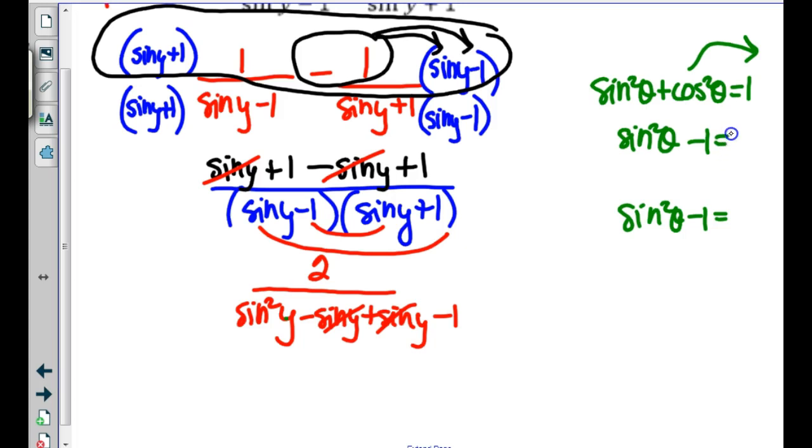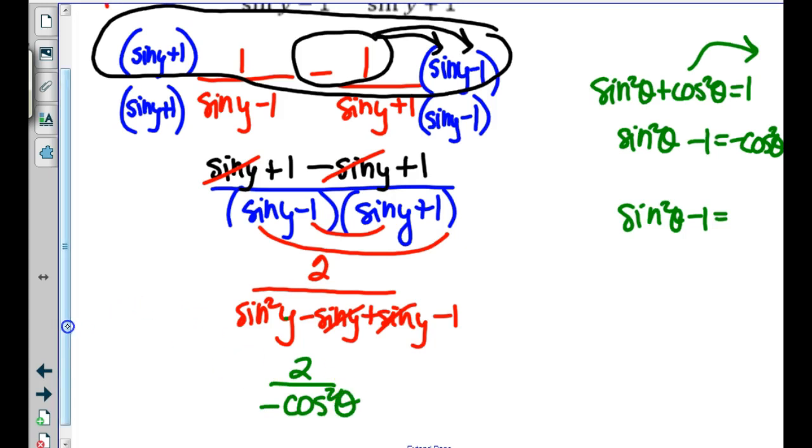I got to move it to the other side, so it's negative cosine squared. Or you could just trade the sine squared for a 1 minus cosine squared, and then the 1 and the minus 1 back here would go away, whichever way makes sense to you. But we're going to end up with 2 over a negative cosine squared.